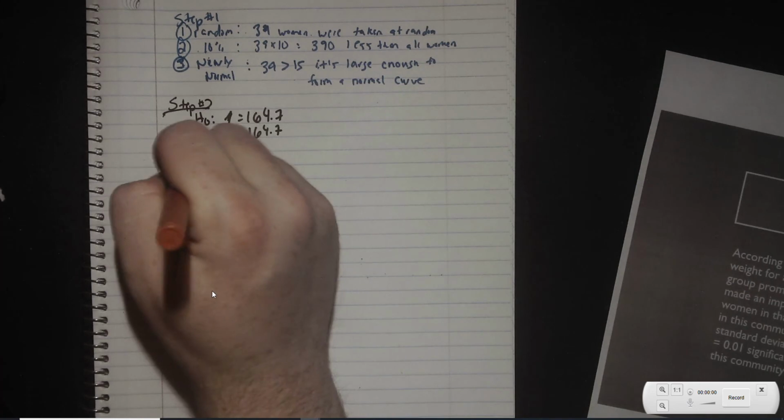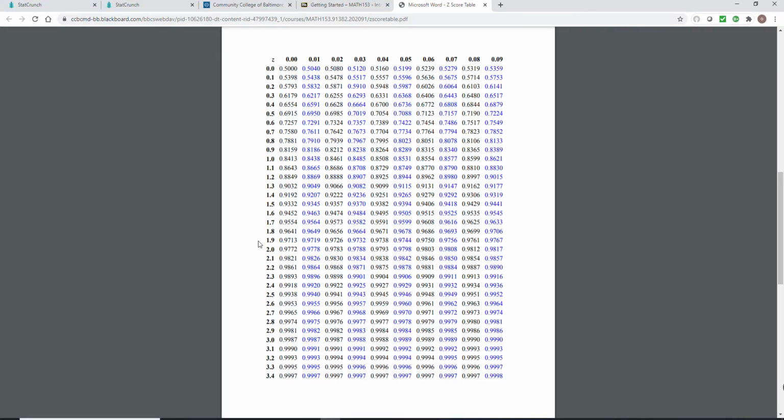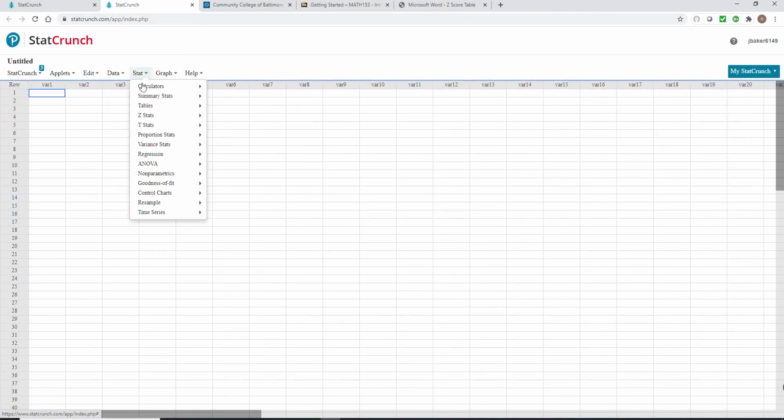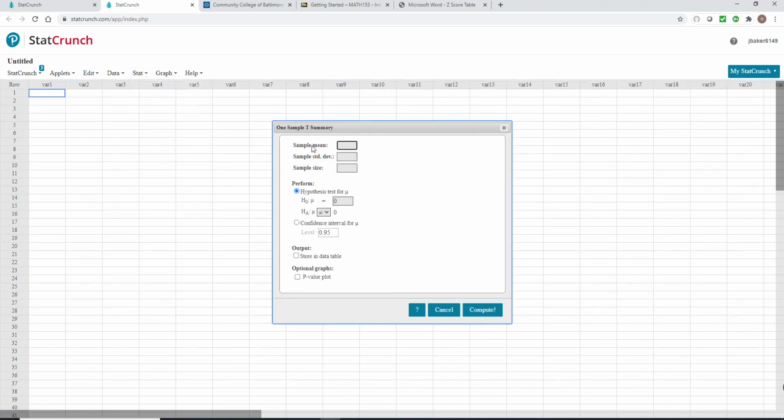Step number 3. So now we're going to go ahead and jump into StatCrunch to see what we have to do with that. So if I pull that up, go over to StatCrunch, I'm going to go to the same place that I went for my confidence intervals. So T stat, one sample with summary. Now you want to be really careful because you have two means in this case.